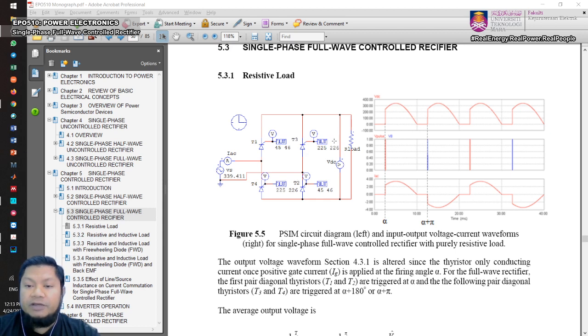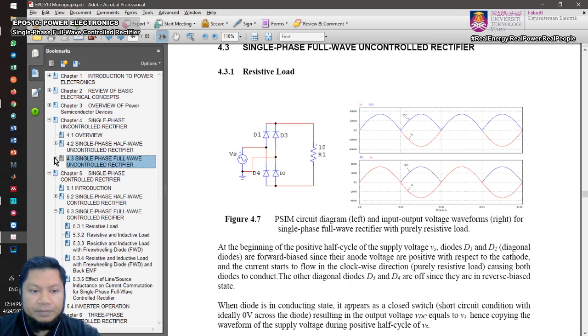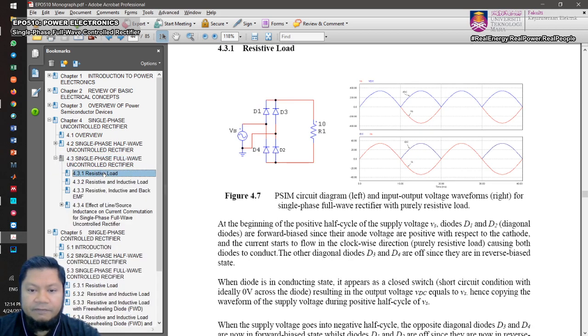In terms of the waveforms, it will operate the same way if you understand the single phase uncontrolled rectifier. Let me go back to the single phase uncontrolled rectifier for a resistive load.